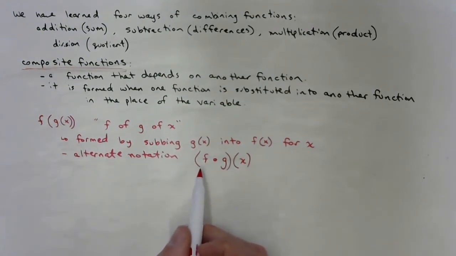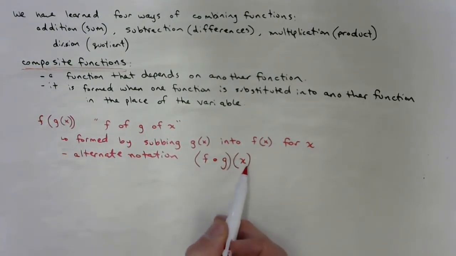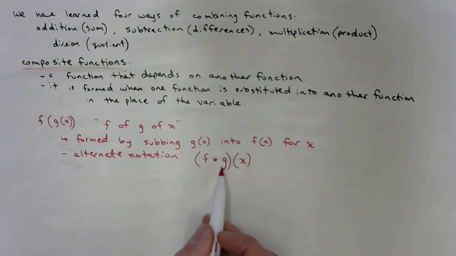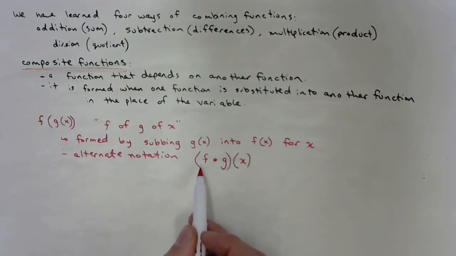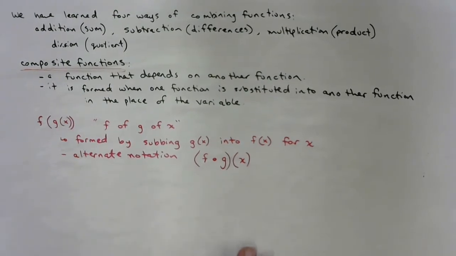So this means the same, f of g of x. So you would sub x into g, and then you would sub g of x into f of x, is one way to solve these things. So you should still have about half a page.